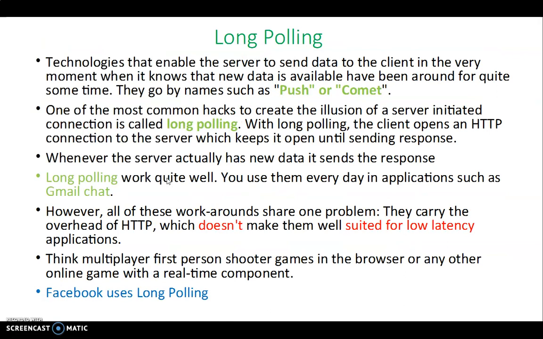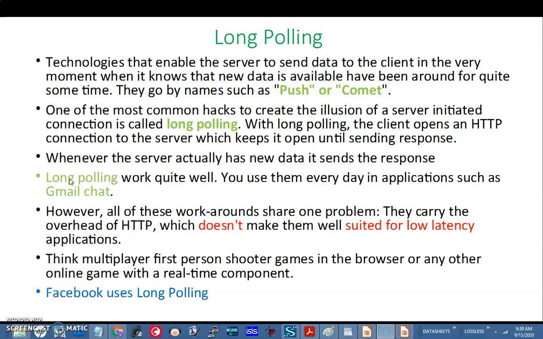Now the polling of the server can be done in different ways. This slide talks about some alternative methods through which the server can send data to the client. The basic idea behind all this discussion is that the client will connect and the connection will be kept open, idle, so that whenever the server has some data to send, it will send.